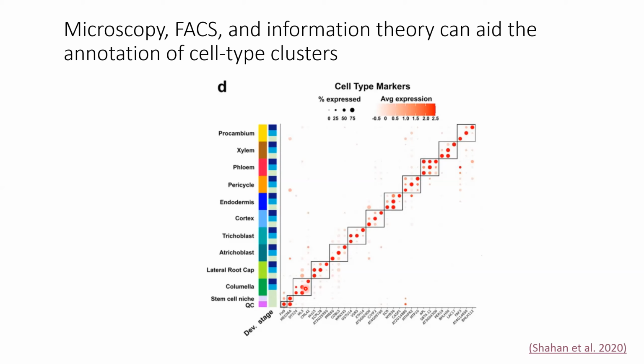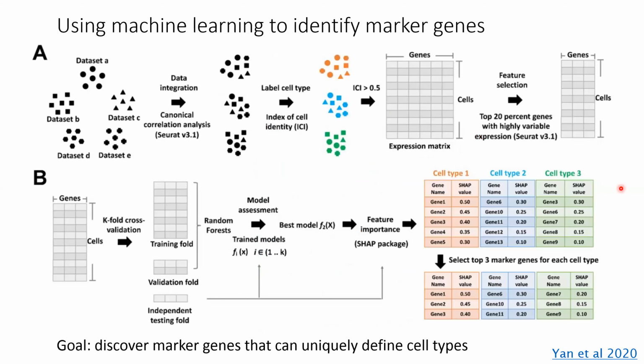But a recent and developing area of methods for single cell RNA-Seq clustering has focused on using these machine learning tools. And these tools aim to identify which set of genes have the strongest classification potential. So marker genes are similar in concept to the goal of quantifying differentially expressed genes.